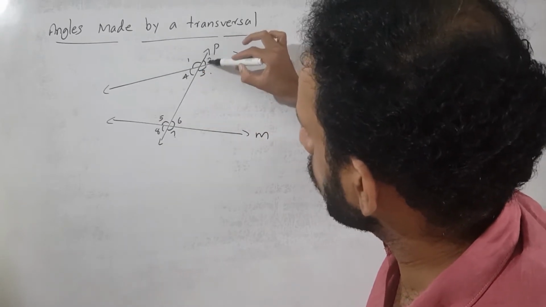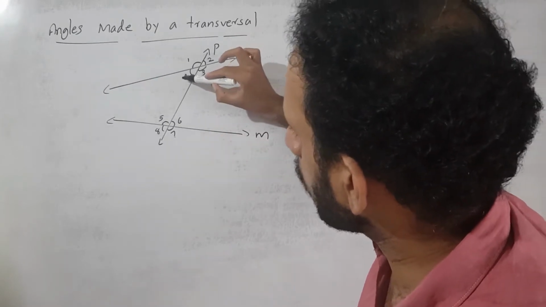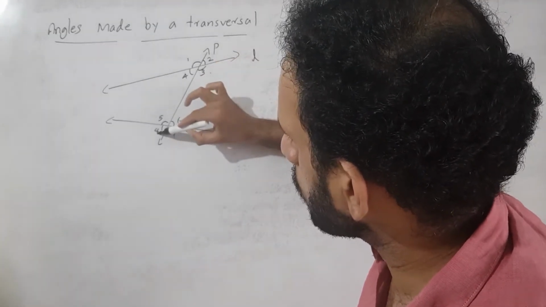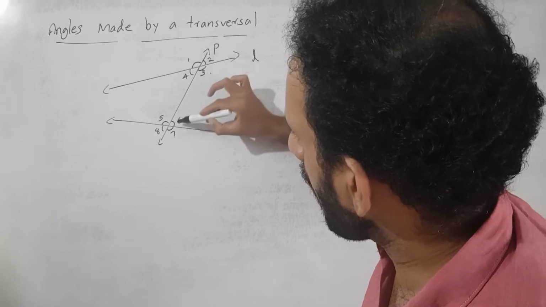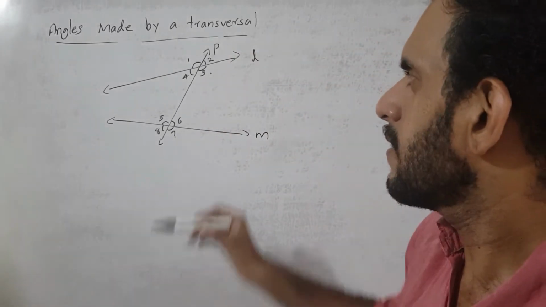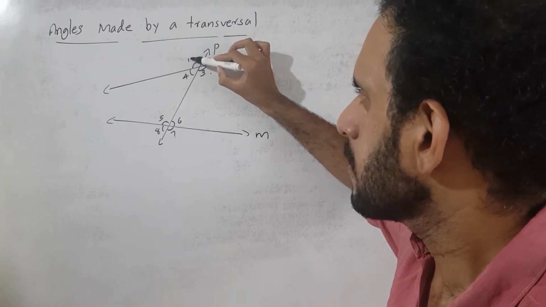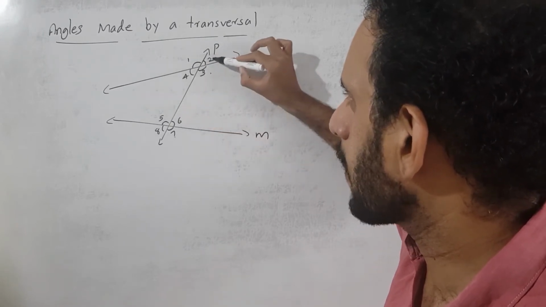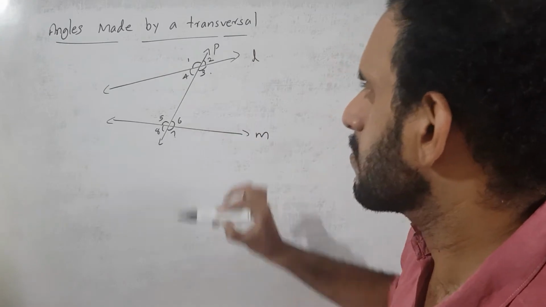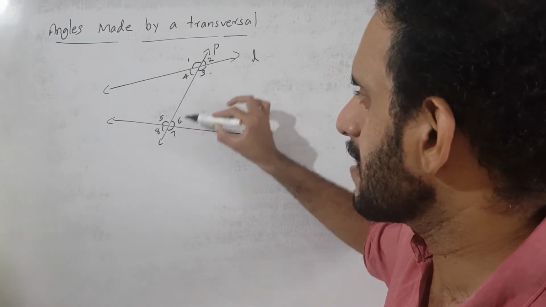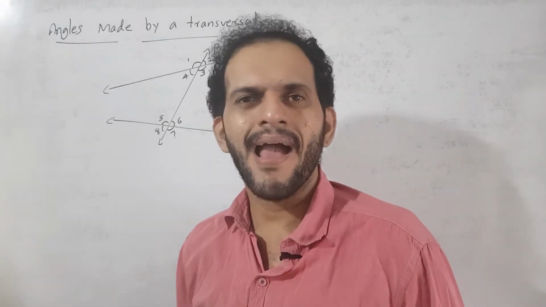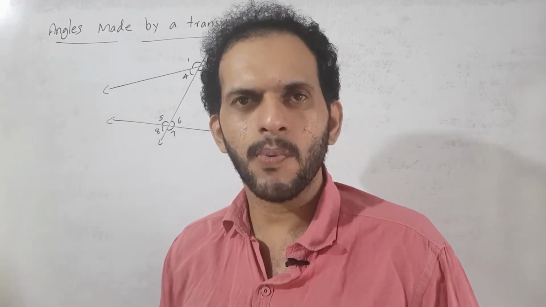Here also exterior, interior. And angle 4 and angle 8, angle 3 and angle 7. Then the angle positions like this: angle 1, angle 5, angle 2 and angle 6, 4, 8, 3, 7. This type of angle is called corresponding angles.